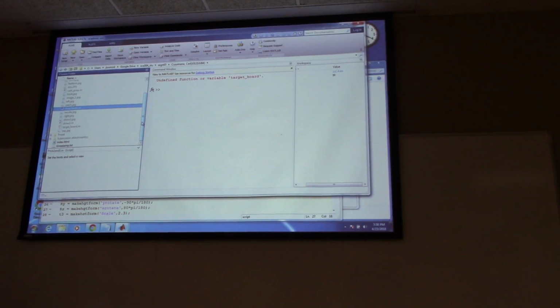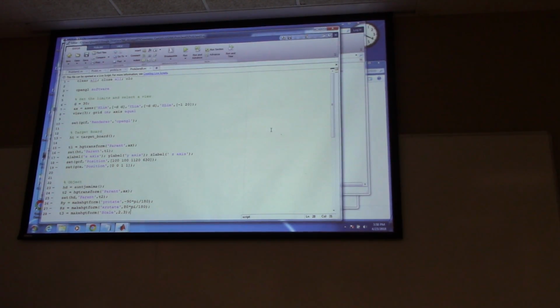Oh, there's target board. That can't be good. You have to double click on the file, because you're not in that folder.